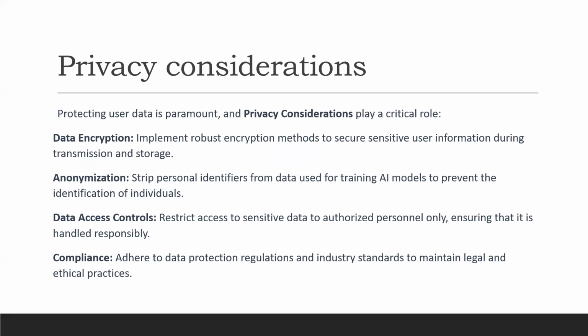And anonymization: strip personal identifiers from data used for training artificial intelligence models to prevent the identification of individuals. Then the data access controls: restrict access to sensitive data to authorized personnel only, ensuring that it is handled responsibly. And finally, compliance, that means adhere to data protection regulations and industry standards to maintain legal and ethical practices.